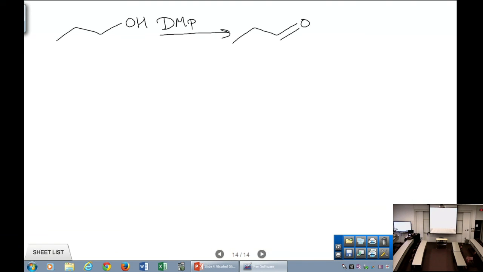Probably the hardest part of this mechanism is remembering the structure for Dess-Martin periodinane. Before you ask, I will not give you the structure. If I ask you the mechanism, you have to remember the structure. Because I'm a bad person.